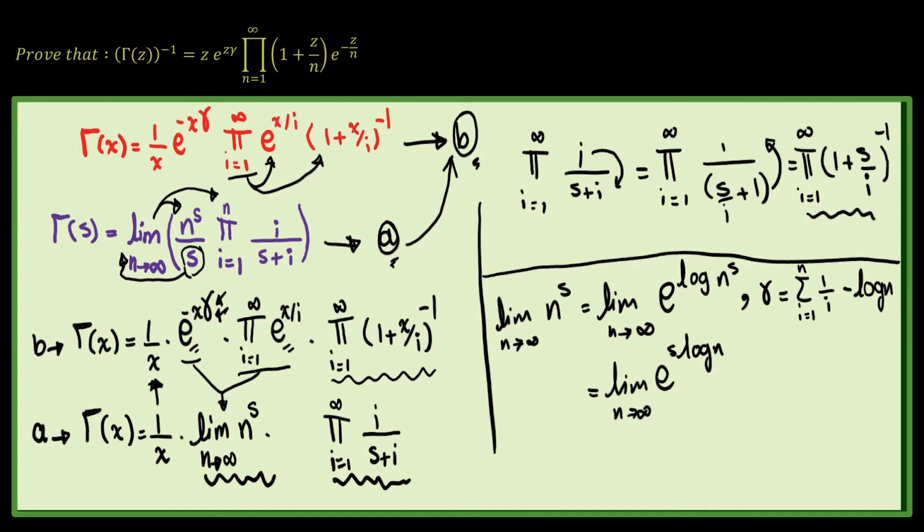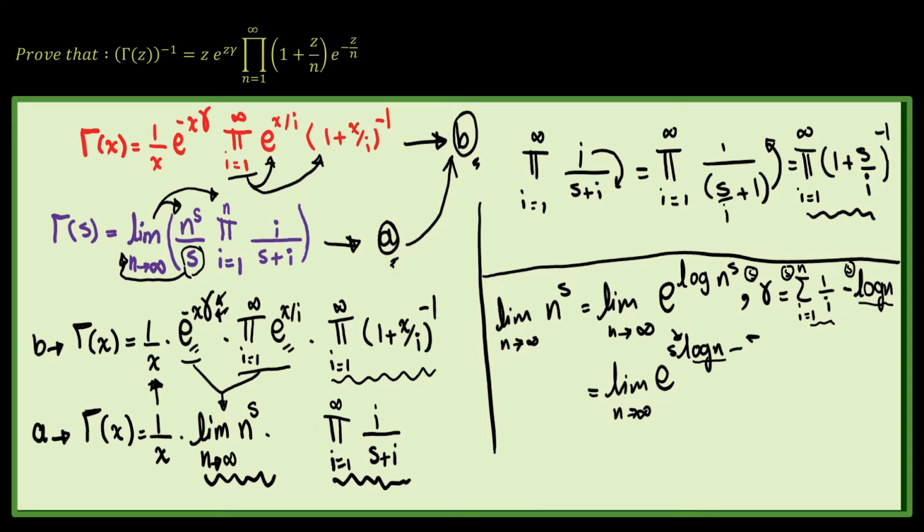Here we have this part, log n, but we don't have the harmonic series, so we can add and subtract the harmonic series. But there is s here, so we multiply the harmonic series by s, so we will get s small gamma.